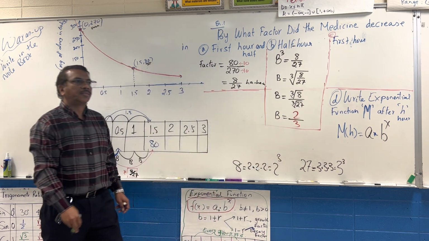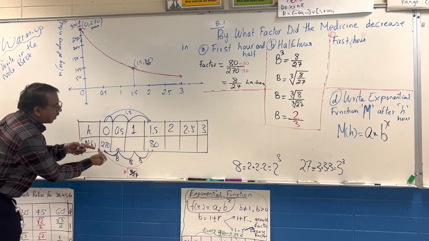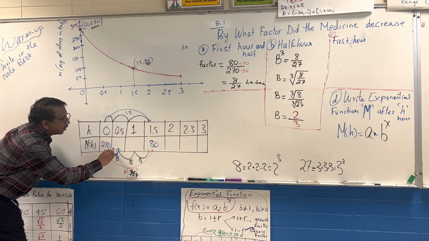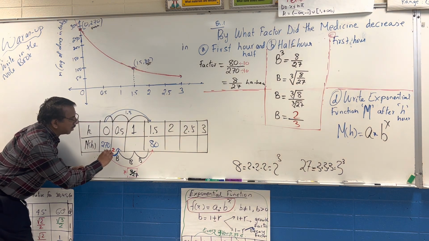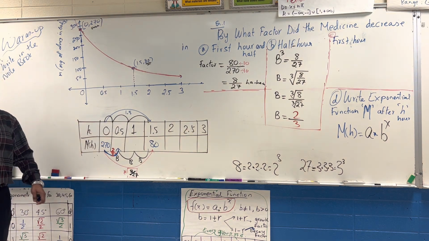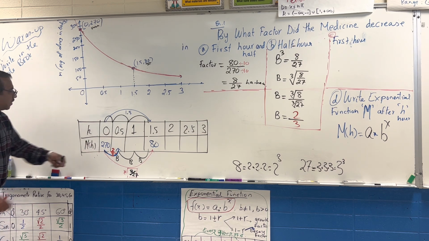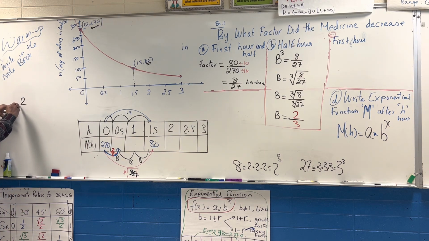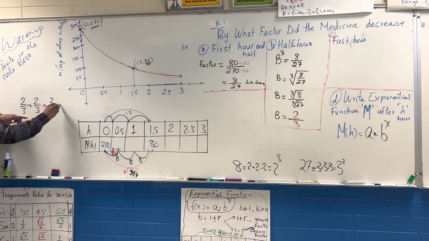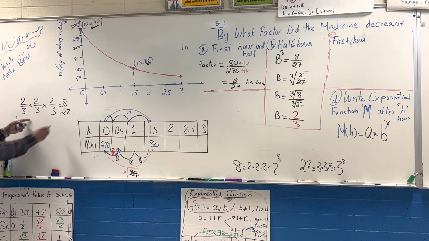So what multiplies here is nothing but 2 over 3. So every half hour is 2/3, make sense? And you can clearly see that 2/3 multiplied by 2/3 multiplied by 2/3 is 8 over 27. Is that okay? Makes sense?